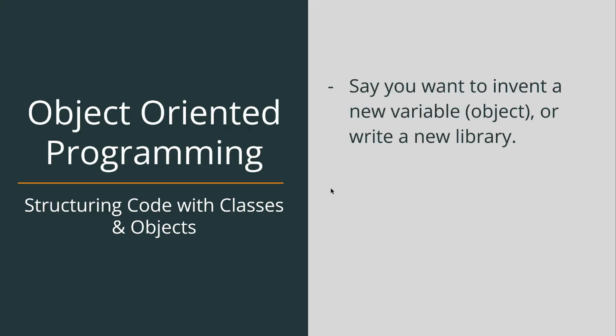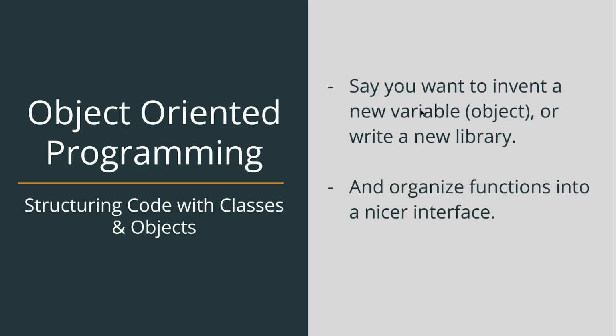Say you wanted to invent a new variable, or maybe you wanted to write a library. Typically, you would write this in another file and then import that file into your code. But sometimes you want to invent new variables, and maybe you want that variable to have functions attached to it.